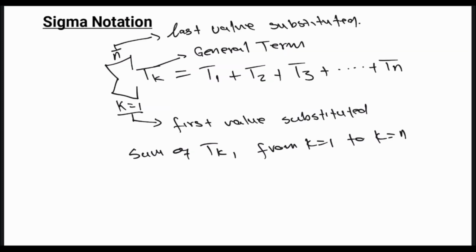So let's say in another case, let's generalize this one because this one can change at any time. Let's call it m. Let's change here again from k is equal to m to k is equal to n.